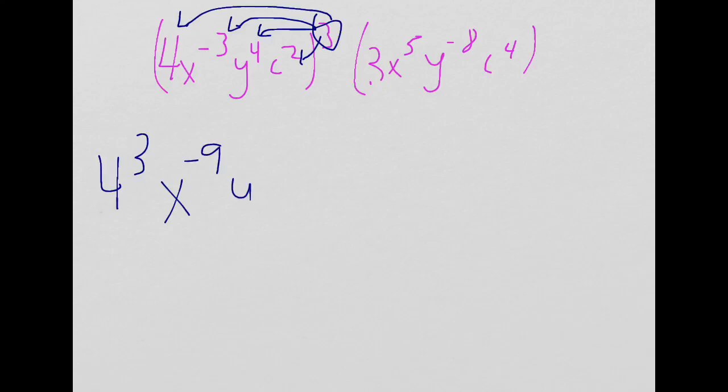You don't multiply the number. 12, why 12? Because 4 times 3. And then 2 times 3 is 6. Then this other parentheses, I don't have an exponent, so I'm just going to multiply all this stuff together.